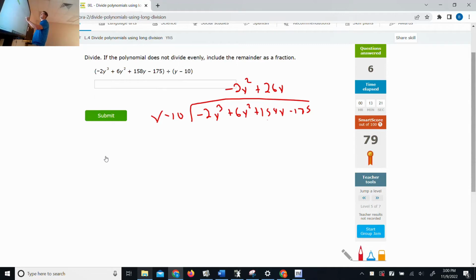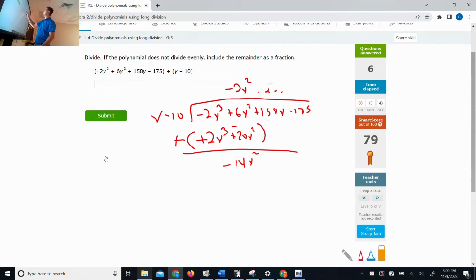So when I distribute this negative 2, I'd have negative 2y cubed plus 20y squared. There's where the mistake was. I should have gotten negative 14y squared here. That has to be erased.